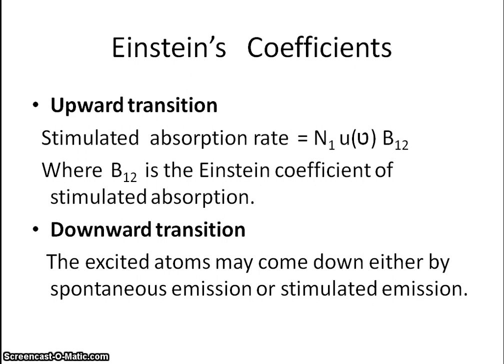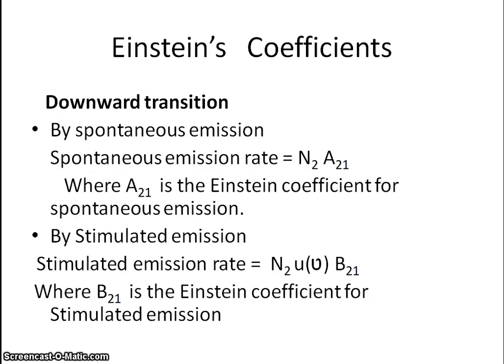Now, the upward transition equation: stimulated absorption rate is equal to N1 U nu B12, where B12 is the Einstein coefficient of stimulated absorption. Downward transition: the excited atoms may come down either by spontaneous emission or stimulated emission.